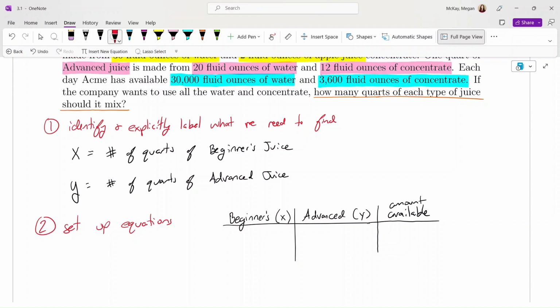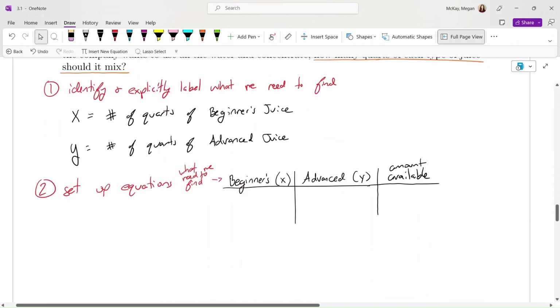Alright, so we always put what we're trying to find on the top of our table. What we need to find goes on top of our table. Now we need to determine the characteristics, and those are going to be the rows of our table.